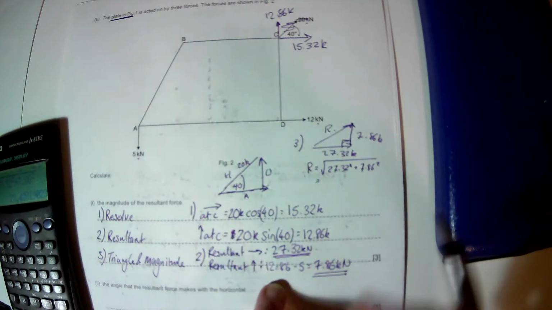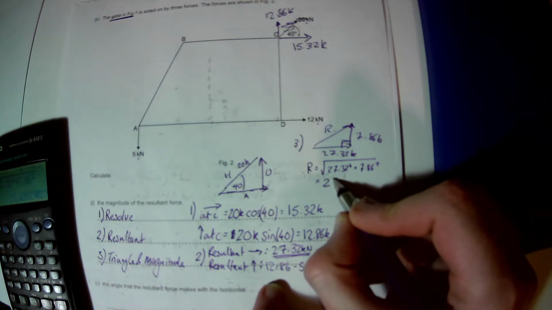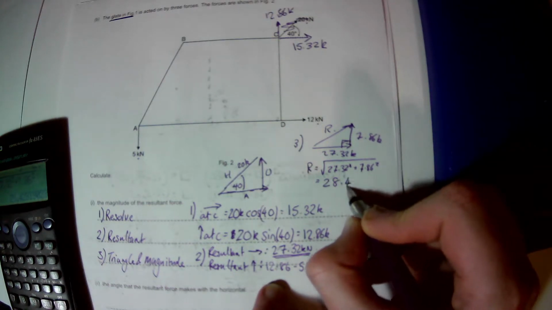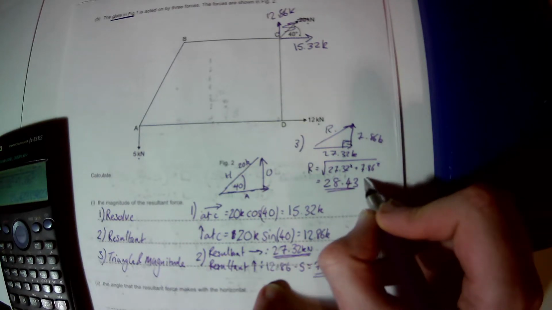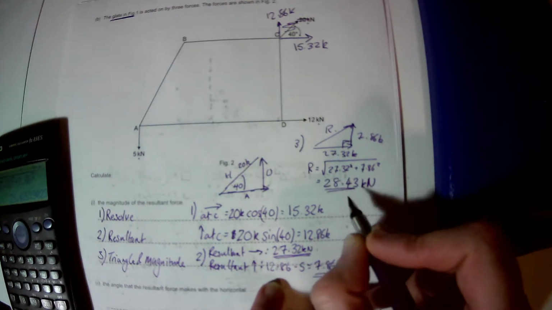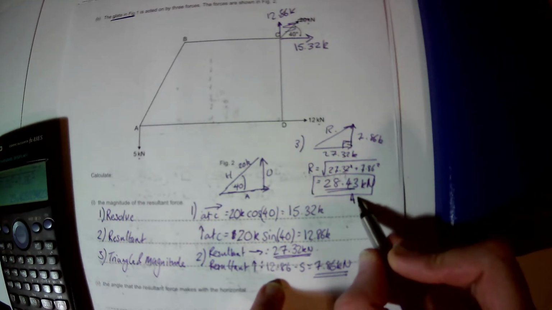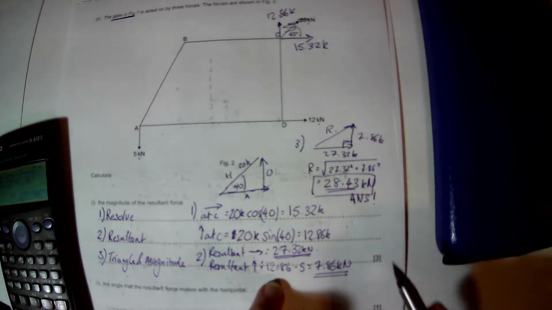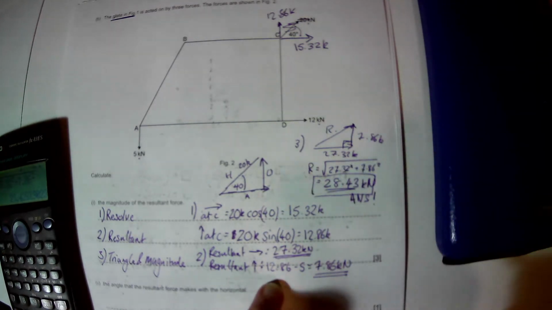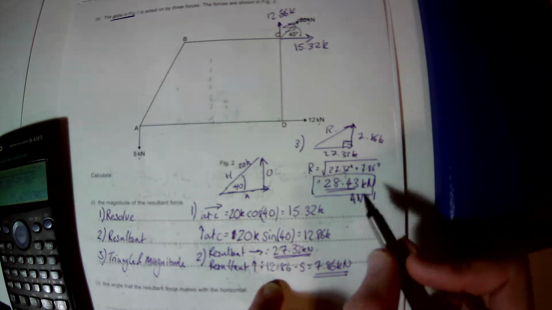So we put that into our calculator, and we find that the resultant force is 28.43 kilonewtons. And because this is my answer, I am going to draw attention to it. Particularly if you've gone and used more space than you're anticipating, you would make sure your answer is clearly defined.